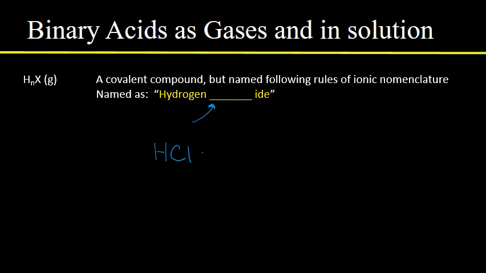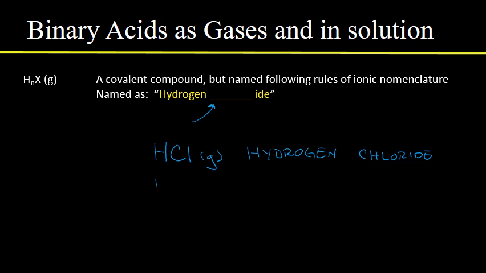So when HCl is a gas, it's a covalent compound, which we would name hydrogen chloride. And the same thing would be true for the other halogens: hydrogen fluoride, hydrogen bromide, hydrogen iodide.